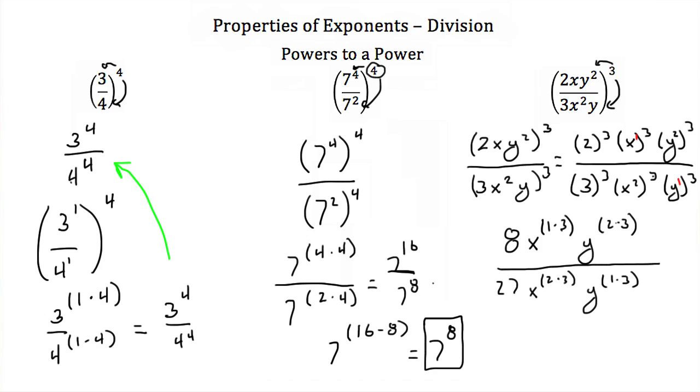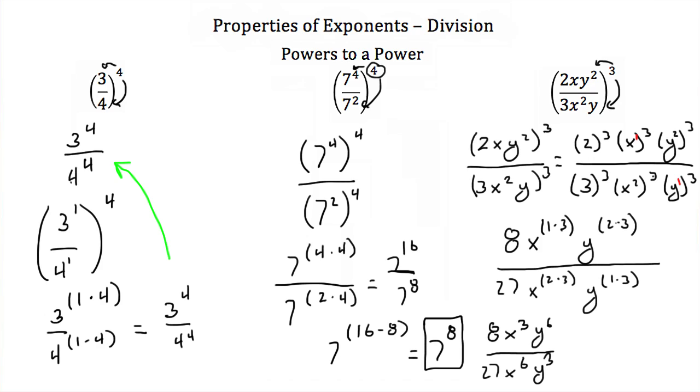So this will simplify into 8 times x to the 1 times 3 power, or x cubed, y to the 2 times 3 power, or y to the 6th, and that's divided by 27 times x to the 2 times 3 power, or x to the 6th, and then y to the 1 times 3 power, or y cubed.